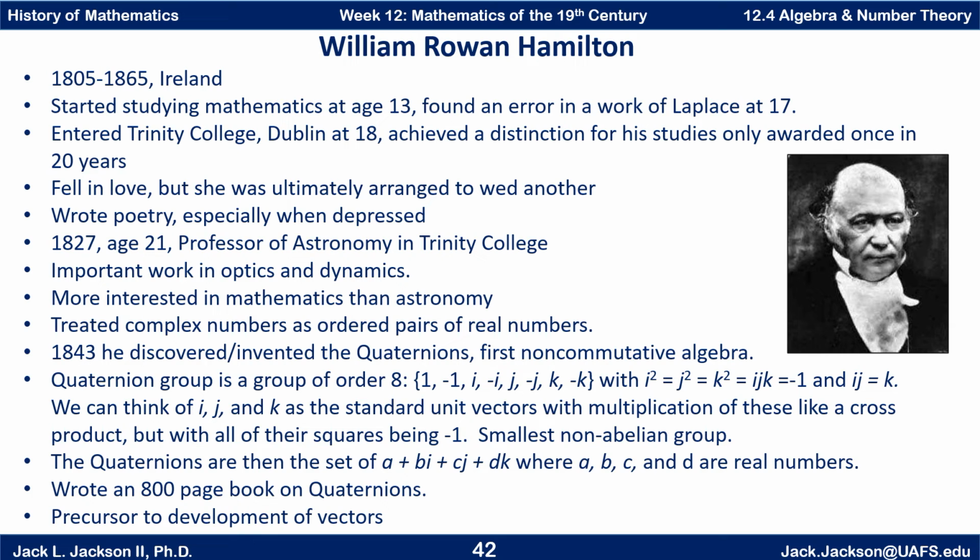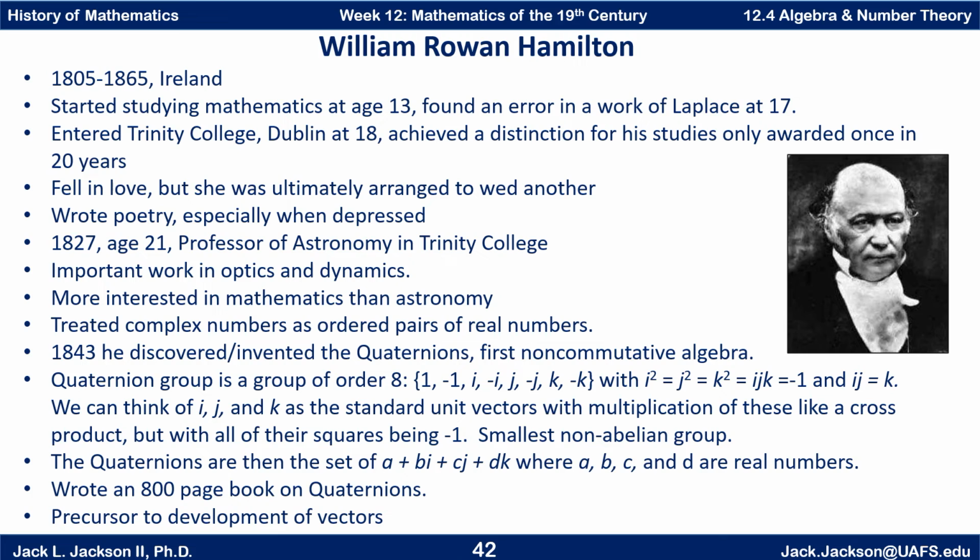One of the ways you'd be familiar with i, j, and k now, if you've taken a course such as Calculus 3, Vector Calculus, or perhaps a course in linear algebra, or something with vectors, you can think of i, j, and k as the standard unit vectors, and the multiplication of these particular numbers was like what we would now call a cross product.